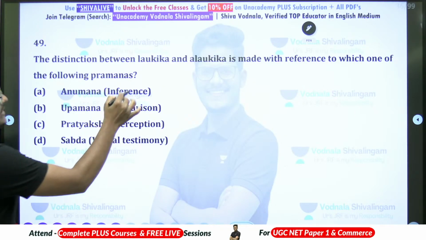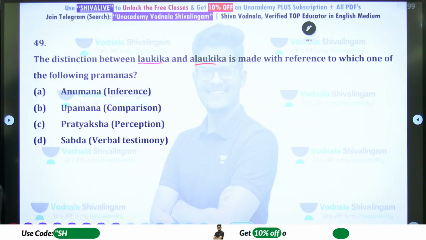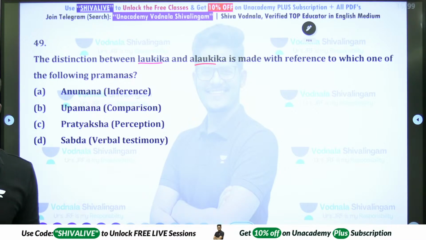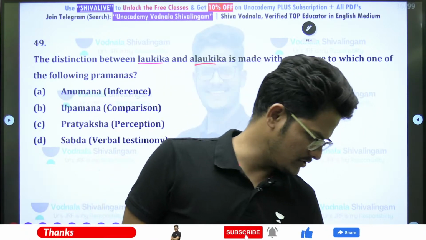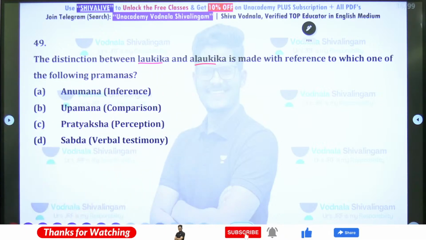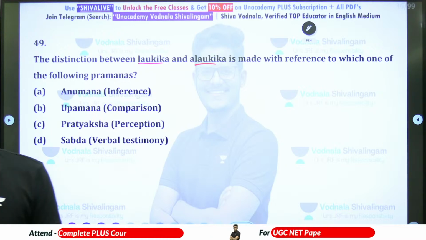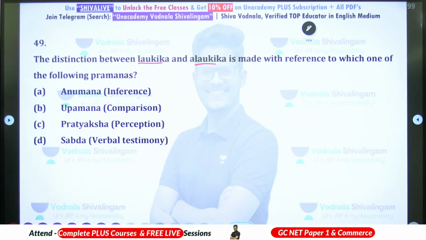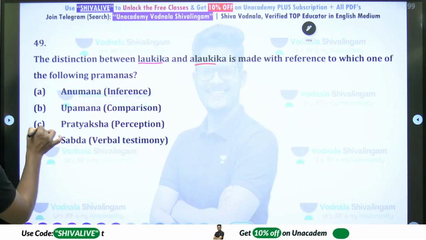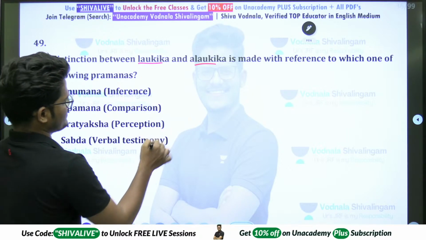The distinction between Laukika and Alaukika is made with reference to which of the following pramanas? So the answer for this question is option C, which is Pratyaksha, perception.